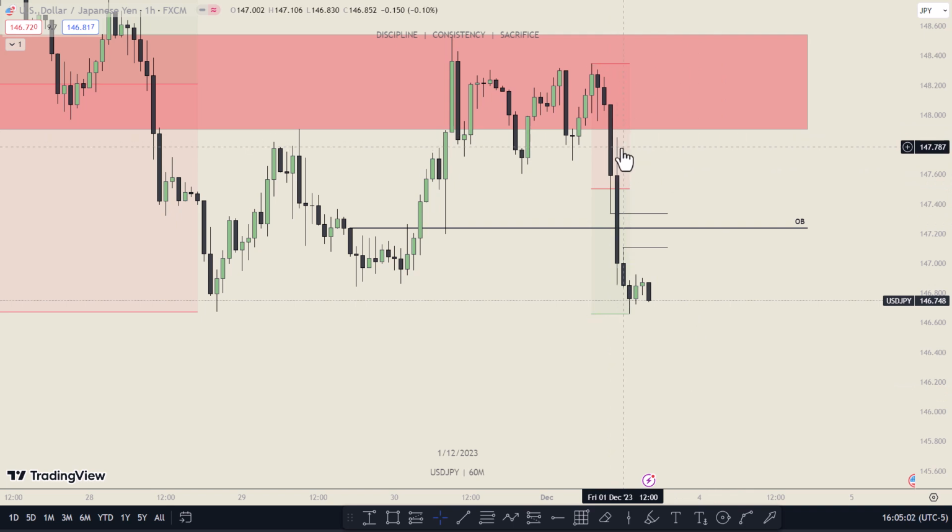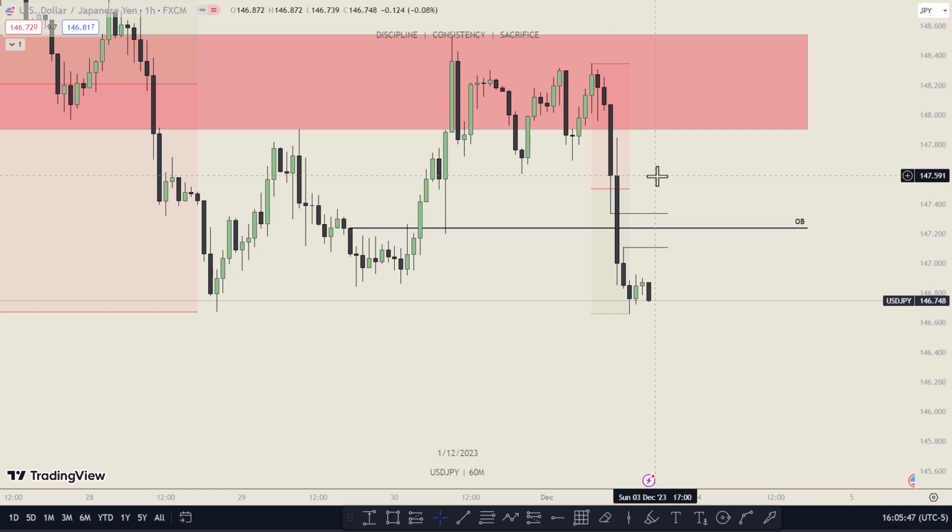So price doesn't always retrace to premium. Sometimes it just retraces a little bit right here and then continues to the downside. The other correlated pair can retrace to premium. So let's say, for example, EU and GU. They both had expansion to the downside. And now we are looking for a retracement, right?